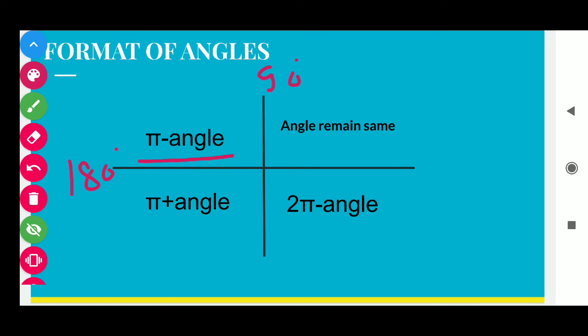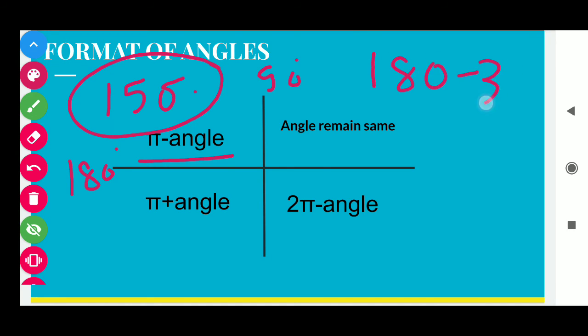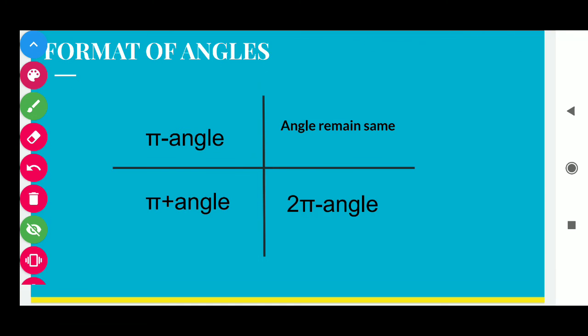Suppose, students, we have 150 degree, how can we write 150 degree? You have to just write 180 minus 30 degree. So students, in this way, if the angle lies between 90 and 180, then you will write it in the form pi minus angle. So students, I am giving you another example.